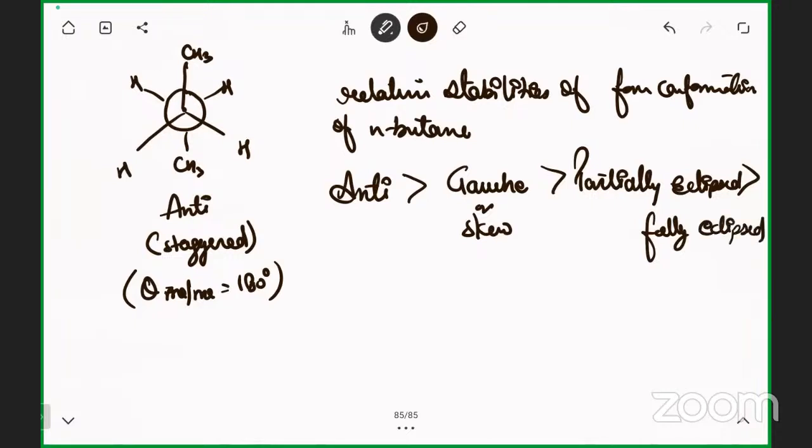See why the anti form has the highest stability, just because they are present anti to each other. It means the repulsion between the atoms will be less, and if the repulsion is less, it means the compound will have more stability.